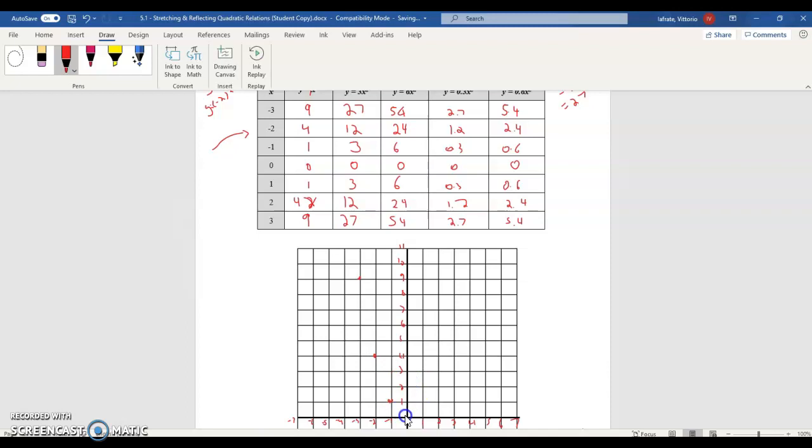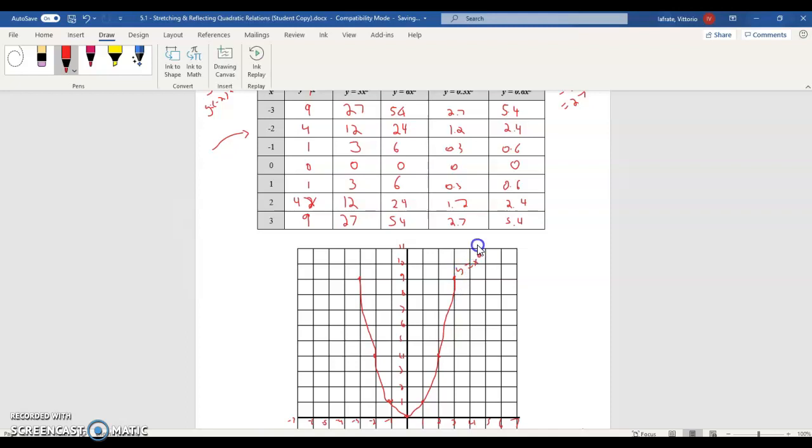When we have 0, we have 0. When we have 1, we have 1. 2, we have 4. And then 3, we have 9. And then we can connect those dots as neat as you can, as smooth as you can. And we can label this as y is equal to x squared.